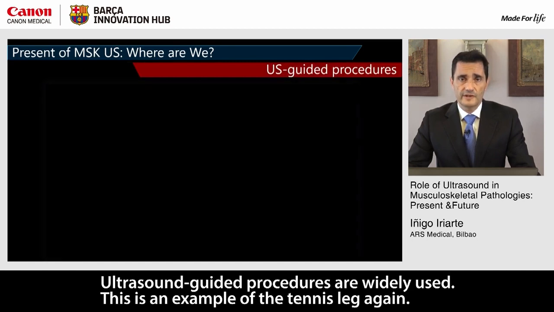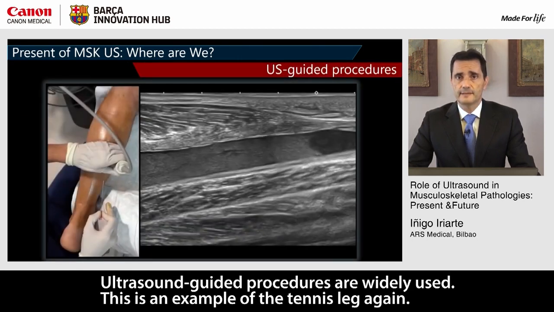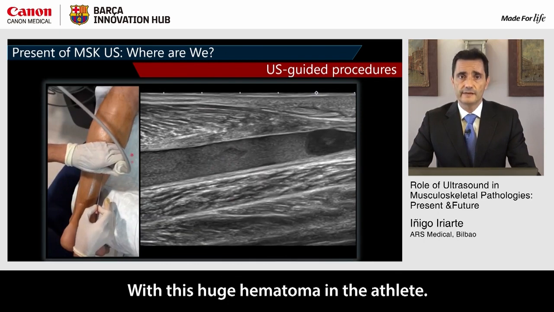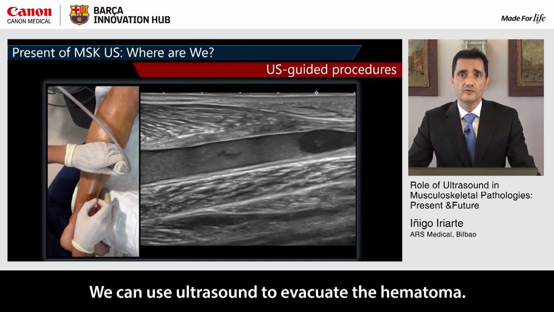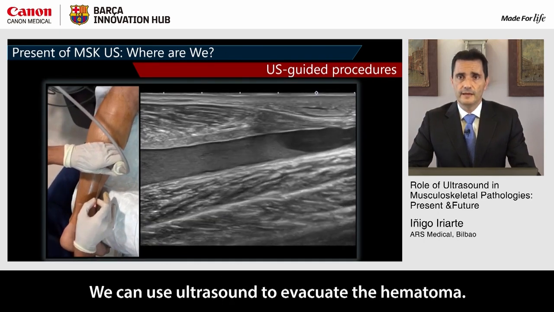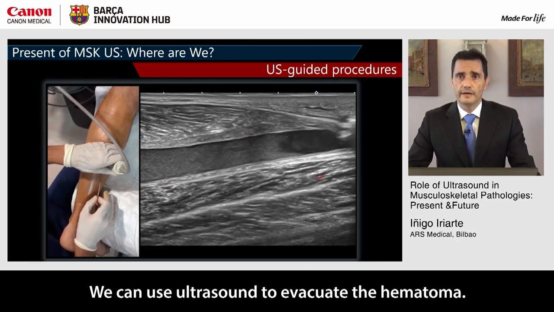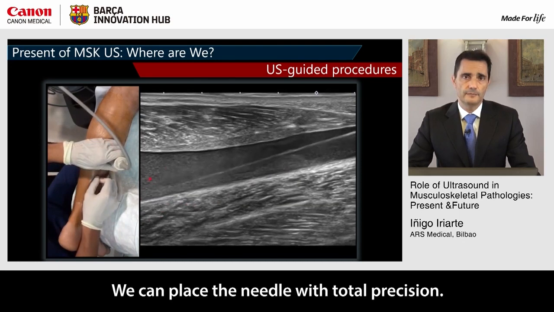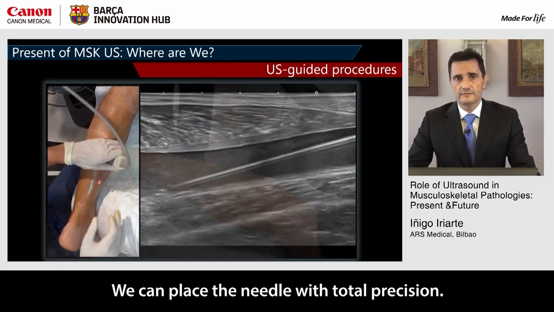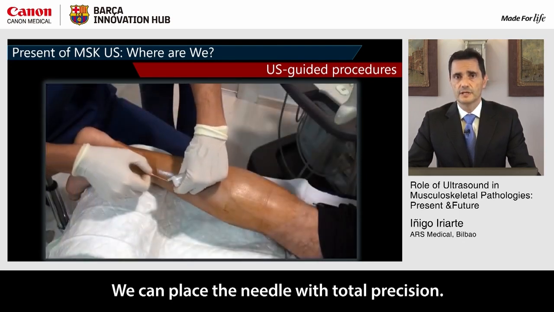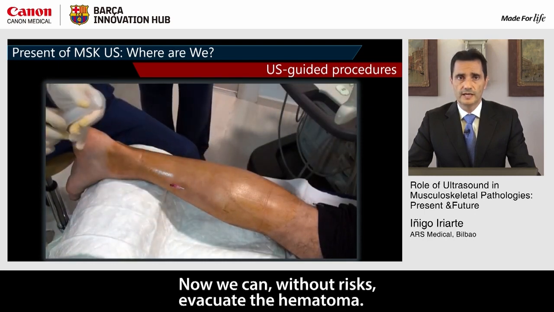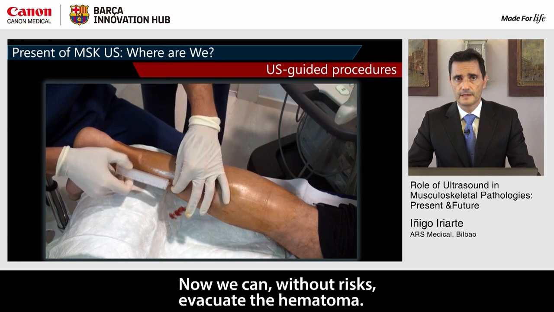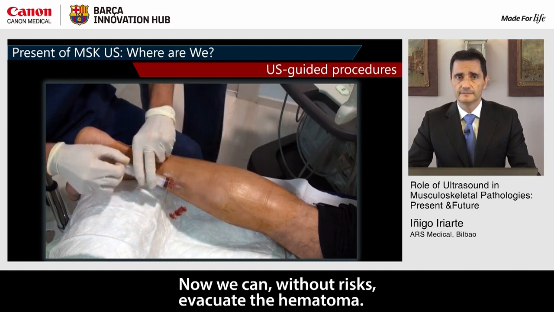Ultrasound-guided procedures are widely used. This is an example of the tennis leg again with this huge hematoma in an athlete. We can use ultrasound to evacuate the hematoma. We can place the needle with total precision. Now we can, without risks, evacuate the hematoma.